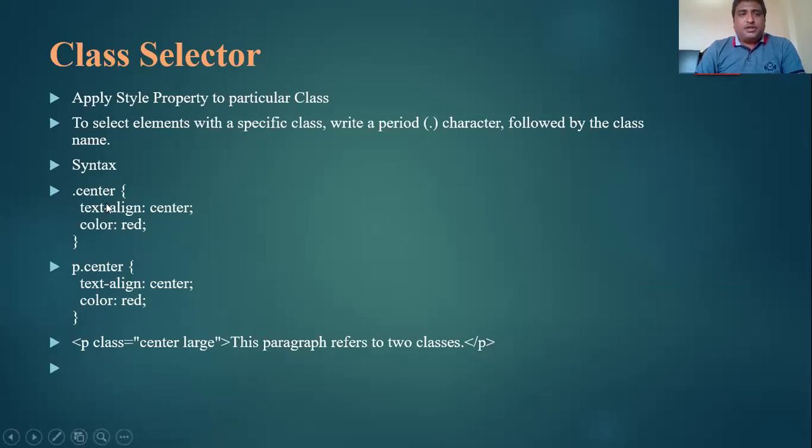For example, if I want to write class is equal to center, then its syntax is dot center and I write its properties. If I want to apply the style properties to the center class, p dot center. So here I use class on the p tag, class is equal to center on the p tag, and these style properties we apply. For example, p class is equal to center large. So here I define dot center large, and this paragraph refers to the two classes.